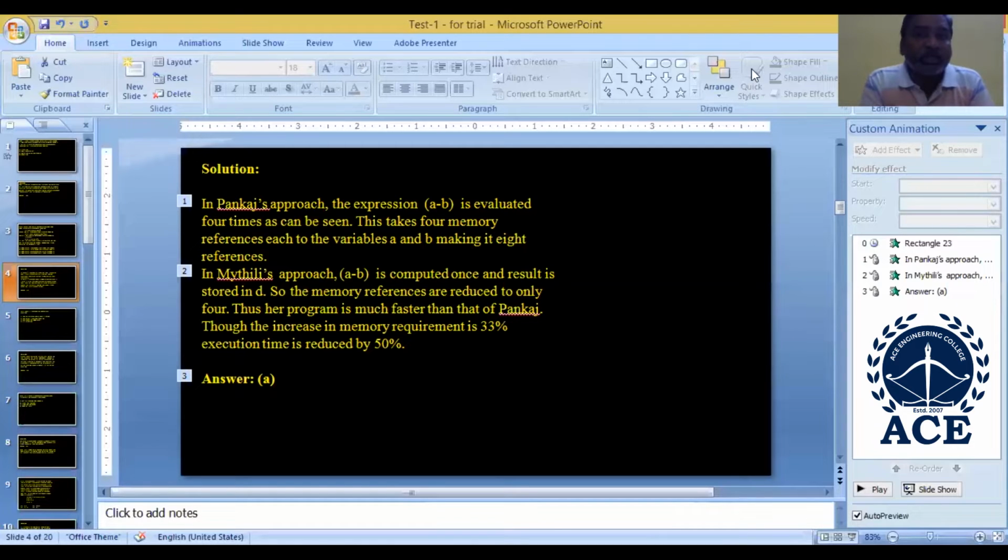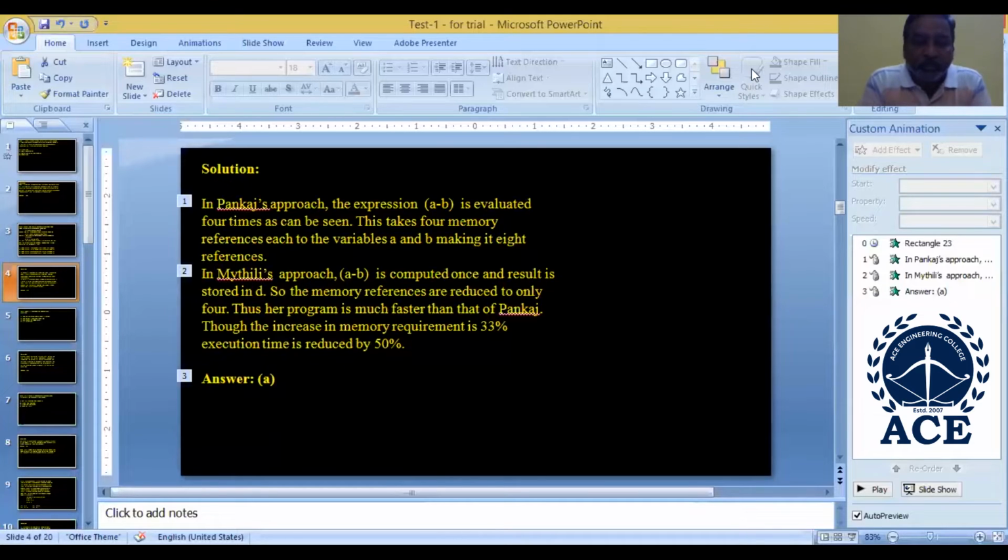So to compute this, A and B are accessed 4 times each from memory, which means that the time taken to access the variables is higher in the case of Pankaj. But as far as memory is concerned, he is managing the expression with only two variables.